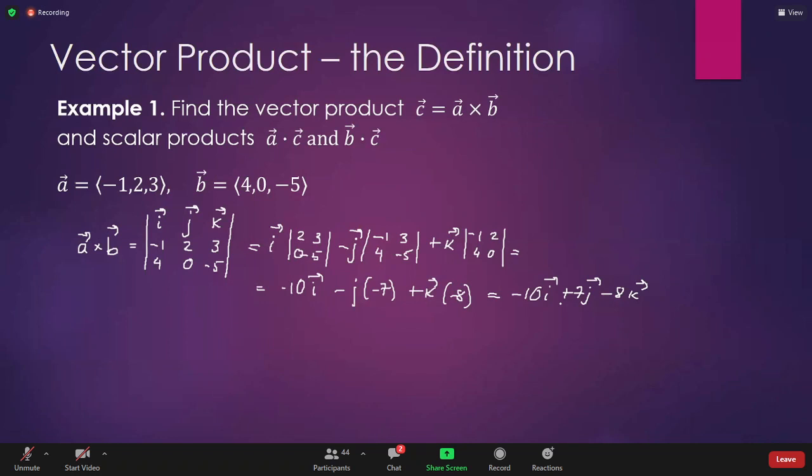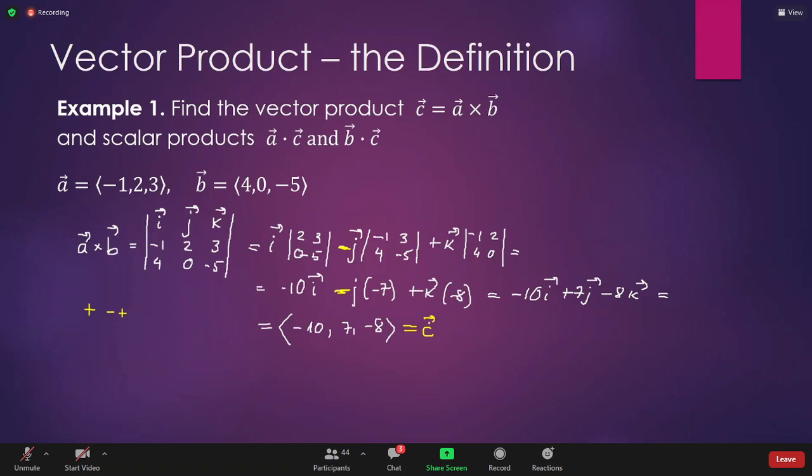We can immediately write this vector using only the minors without the ijk, because that's faster. And so the coordinates of this vector are minus 10, 7, and minus 8. I'm reminding you once again that for the vector j, we need to change the sign, because it's the minus position. Remember, plus, minus, plus. Okay. So this is the vector product of the 2 given vectors. So that would be our vector C.